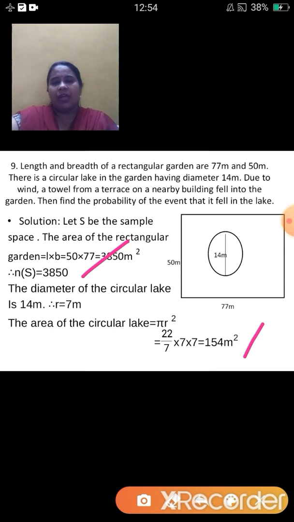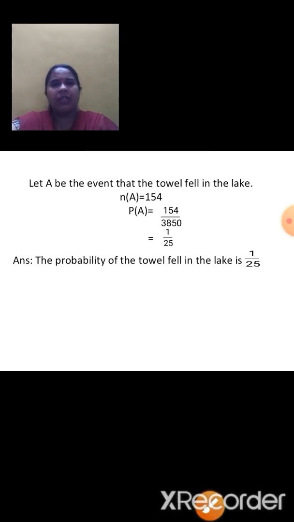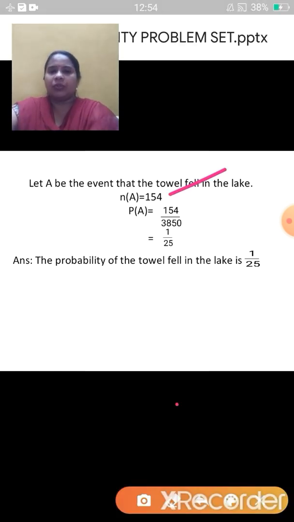What is left now to find probability? Probability is nothing but P of A is equal to n of A upon n of S, right? So next step is, let A be the event that the towel fell into the lake. We need to define an event A in this. So n of A, as I have found out the area of that circular lake, n of A will be equal to 154, right?